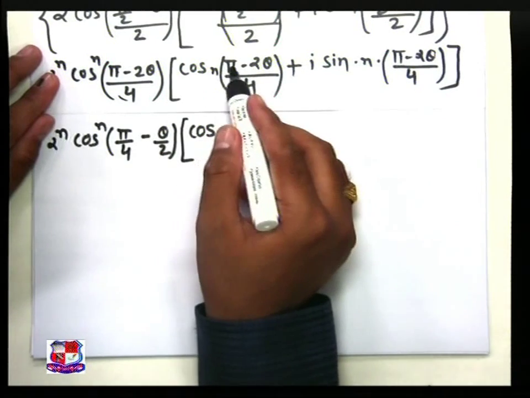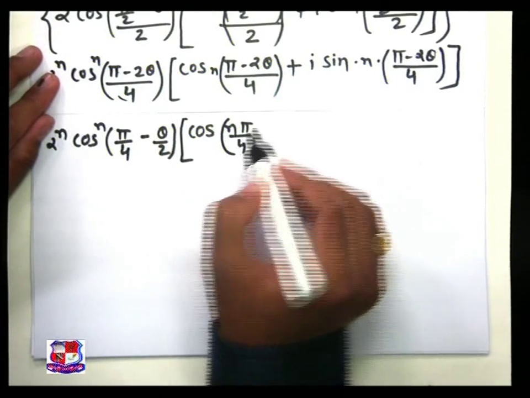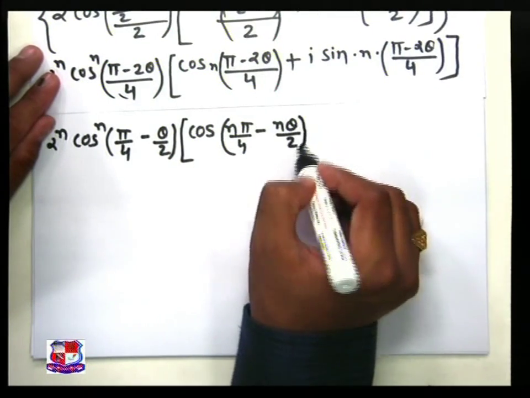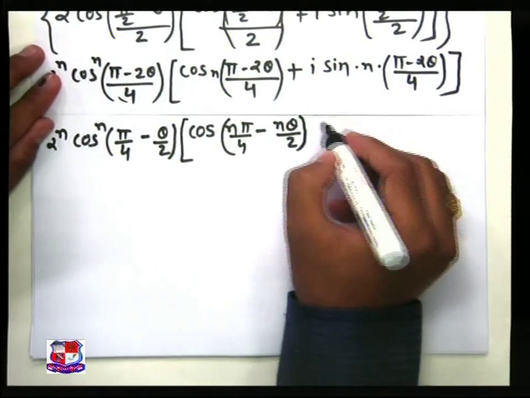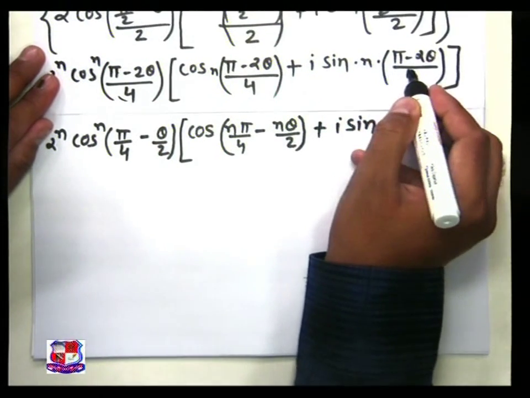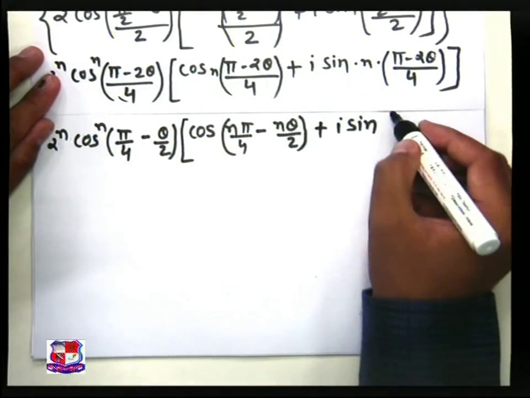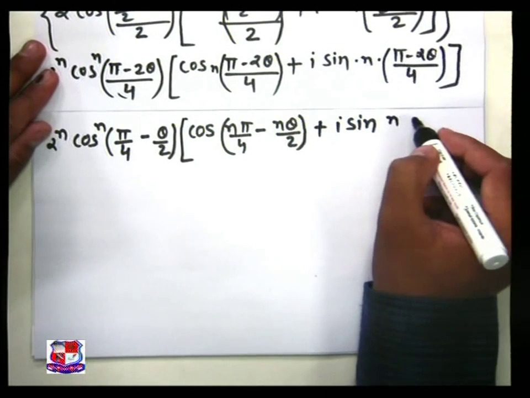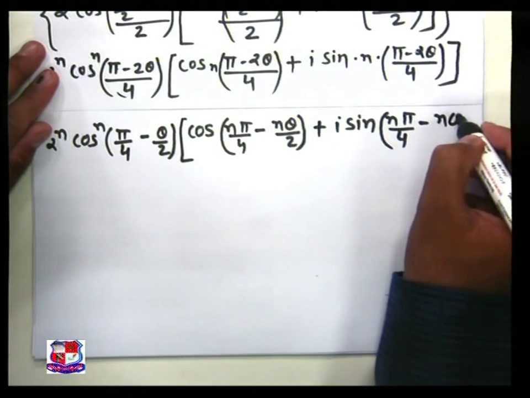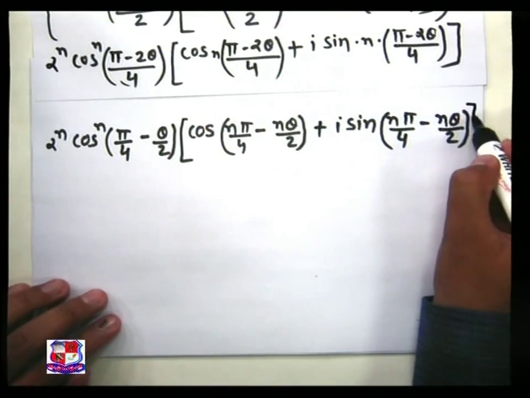So our angle becomes multiplied with n only, so that is n pi by 4 minus n theta by 2, plus i as it is sin n, pi by 4 minus theta by 2 as it is, that is n pi by 4 minus n theta by 2, bracket complete.